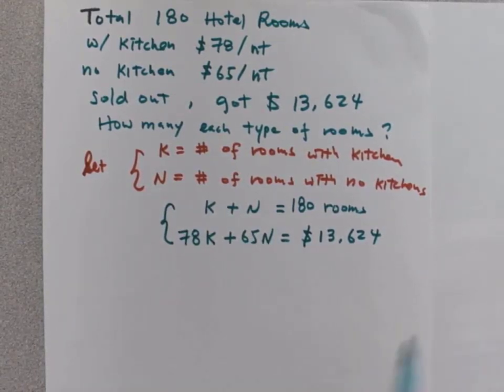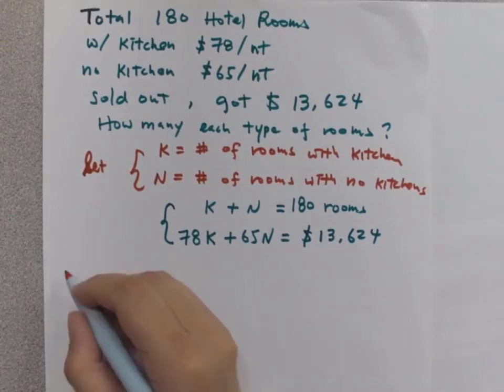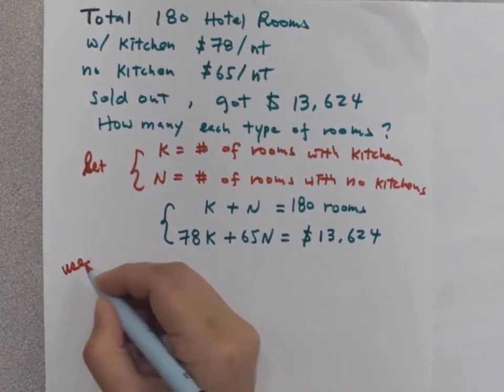So some of the questions may require you to only use elimination, addition, and substitution. Some of the questions may require you to use matrix or Cramer's rule. So if this is addition and elimination, which one do you want to try to use to solve it?